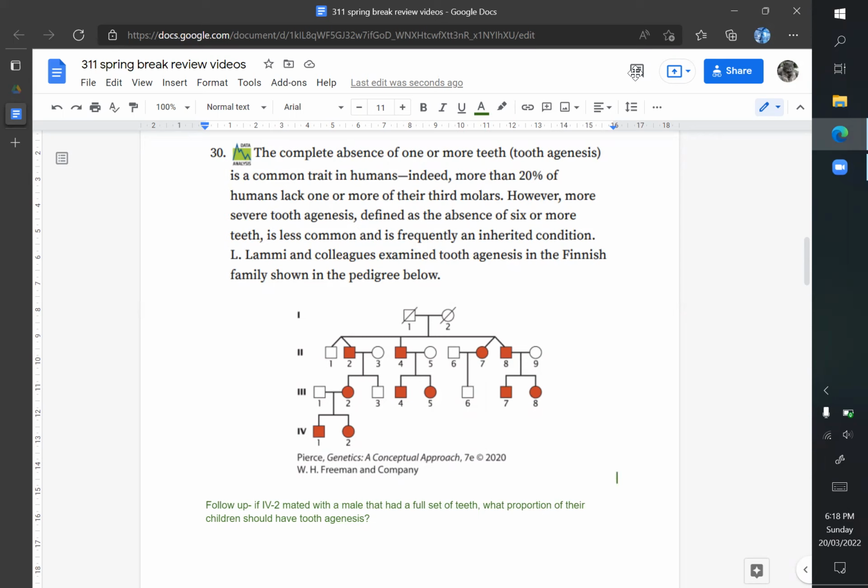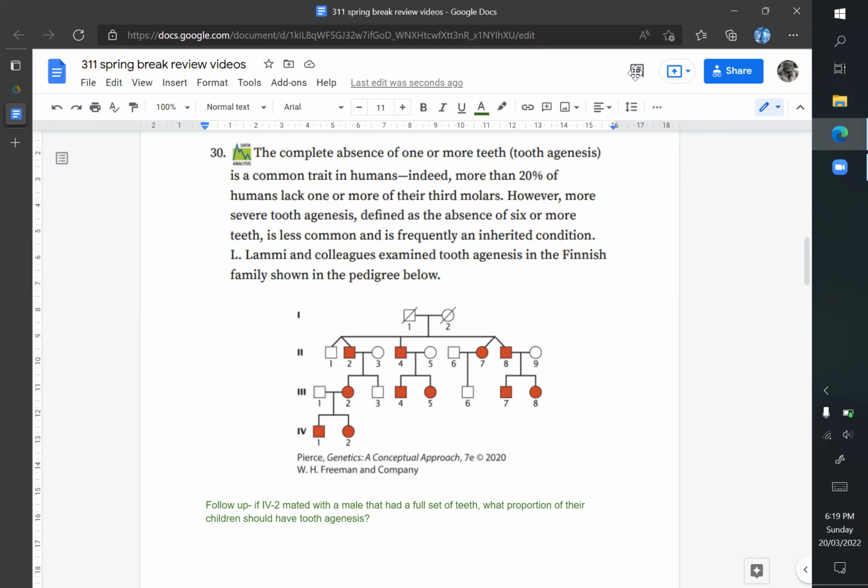And if it were Y linked, this XY individual would pass on their Y chromosome to this individual for this individual here to even become male in the first place. They would need the Y from their male parent. And so it's obviously not Y-linked because this individual, despite getting the Y chromosome from their father, did not inherit tooth agenesis. So we now have narrowed it down to autosomal dominant or X-linked dominant.